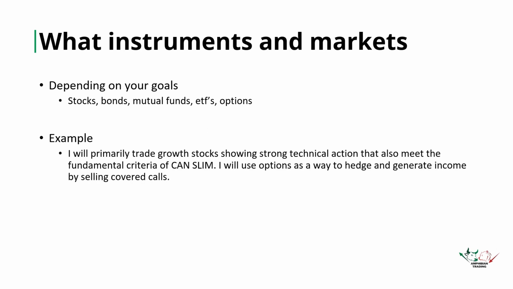I will primarily trade growth stocks showing strong technical action that also meet the fundamental criteria of CAN SLIM. I will use options as a way to hedge and generate income by selling covered calls. So as you can see, we've clearly defined that we will trade growth stocks and options in the form of covered calls to help us achieve our goal of outperforming the S&P 500 while keeping our drawdowns to within 15% of our equity curve high.